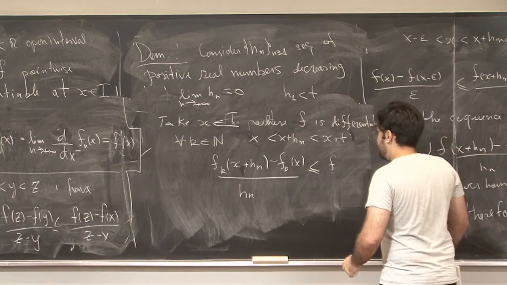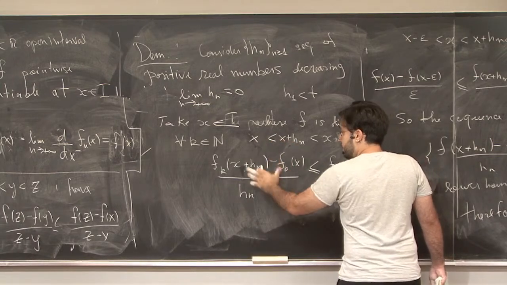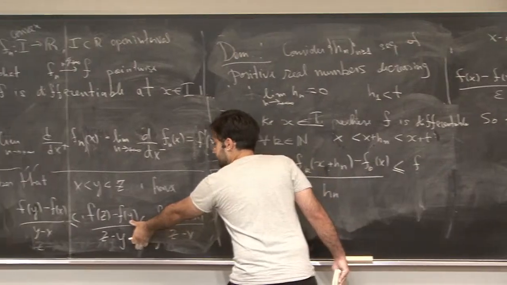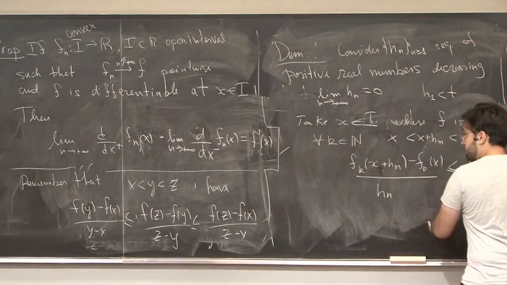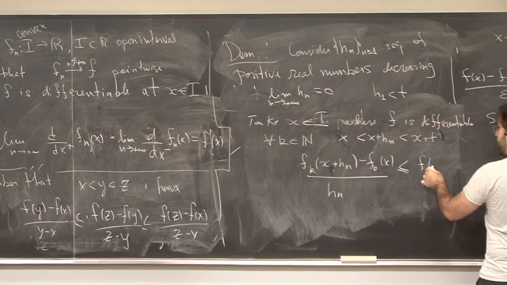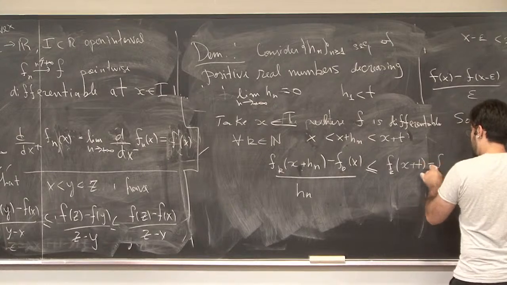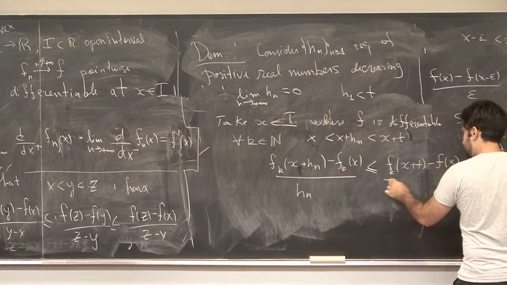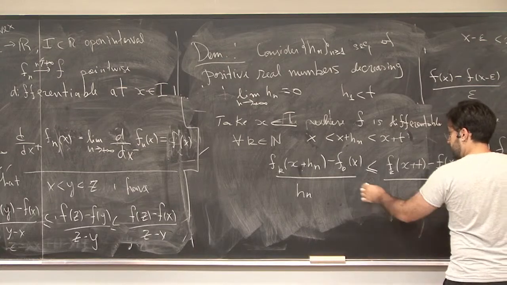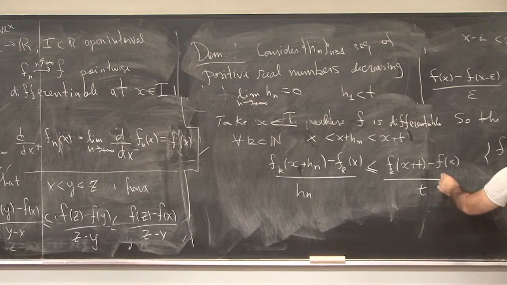Therefore, we have the following. This minus this is exactly this term right here. This one will be less than this term here: fk of (x plus t) minus fk of x, divided by t.